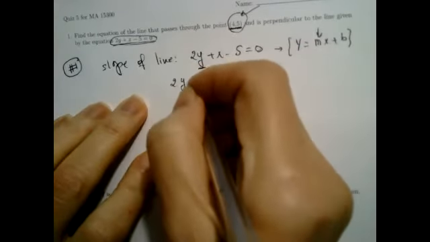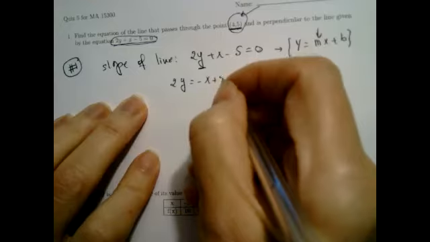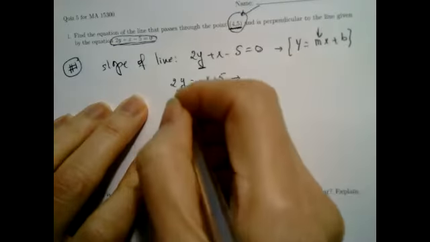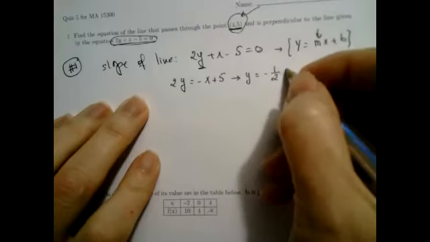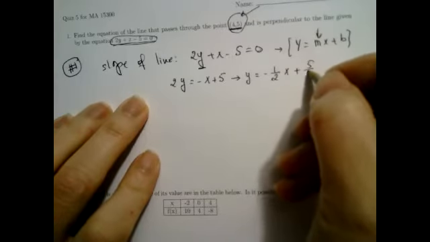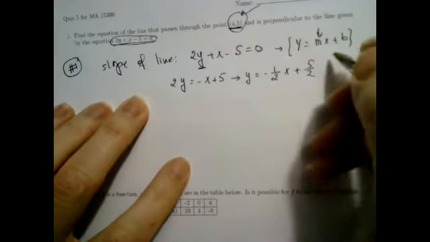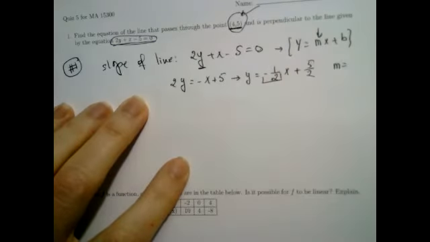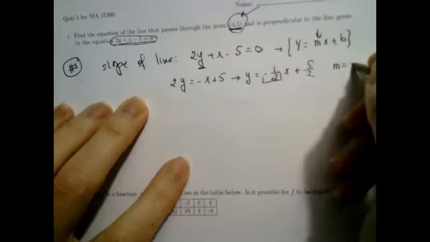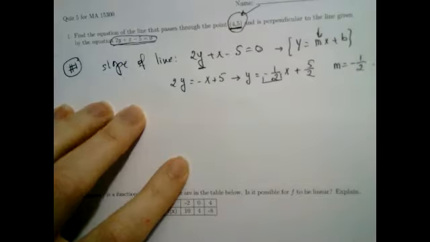So I need to solve for y. I will have 2y equals minus x plus 5. I divide by 2 across, which gives minus 1/2 x plus 5/2. So the slope here is what x is multiplied by, which is minus 1/2.